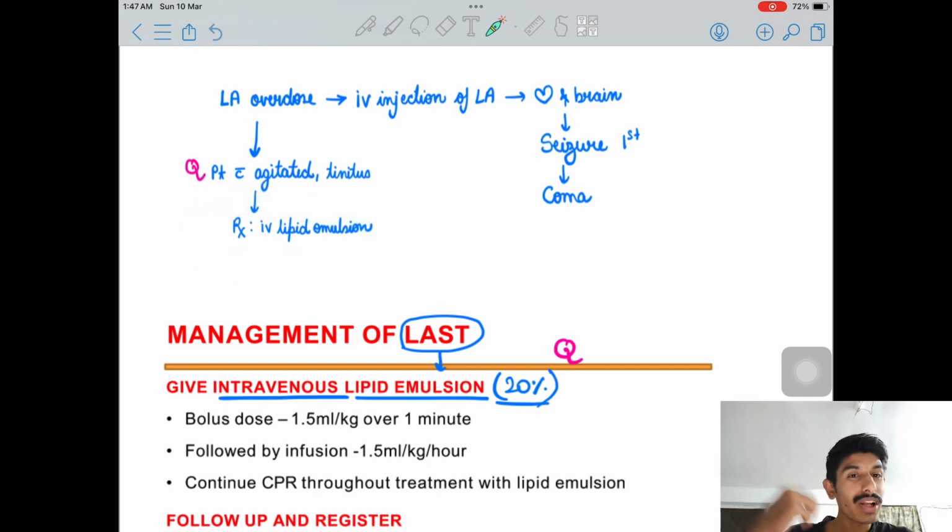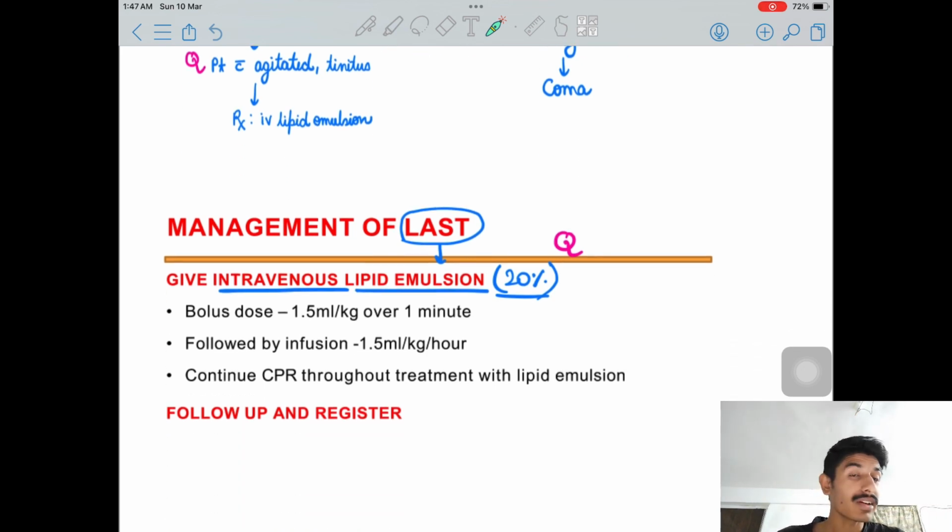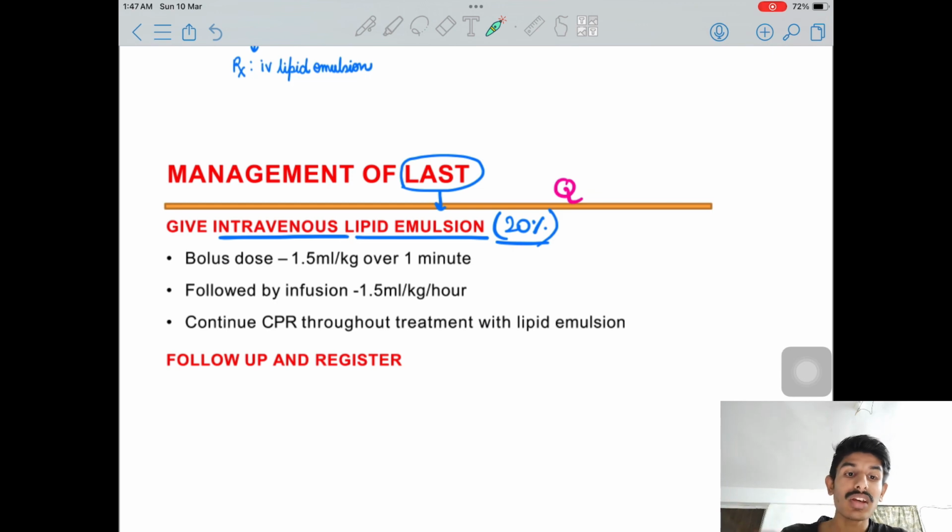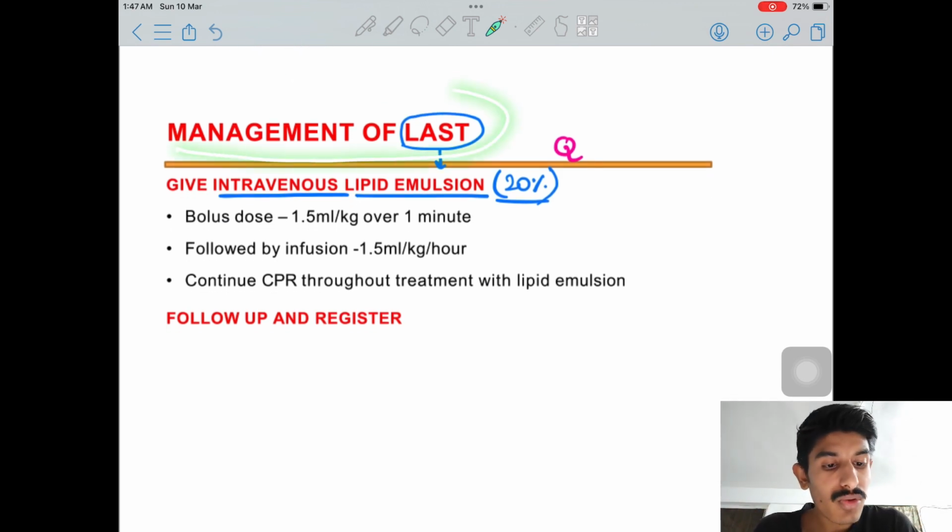You gave local anesthetic and the patient goes into a coma. So to stop that and bring the patient back, you will give intralipid infusion as soon as possible, because from the time you gave the overdose, the patient will start having the side effects. So management of LAST is giving intralipid infusion.